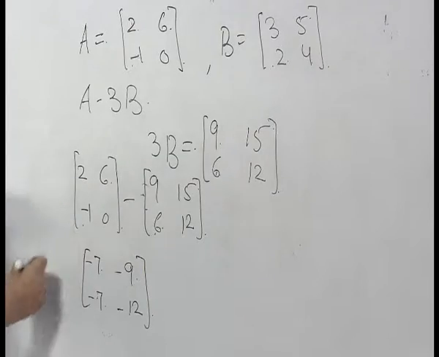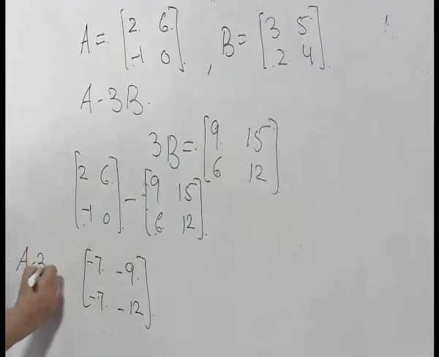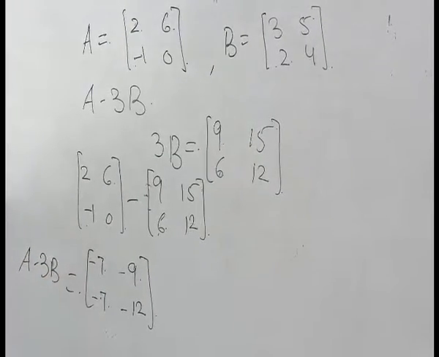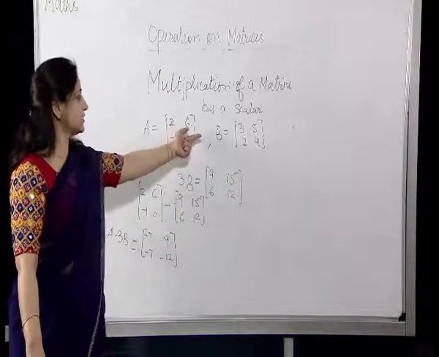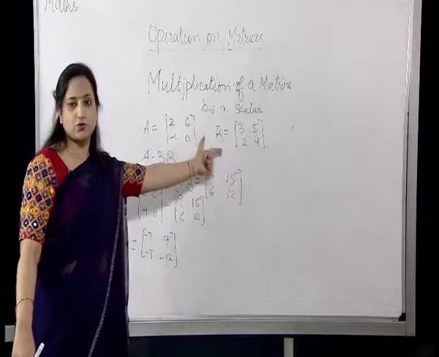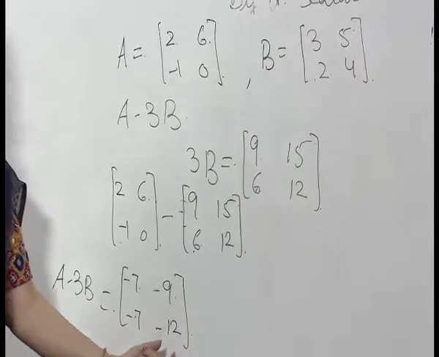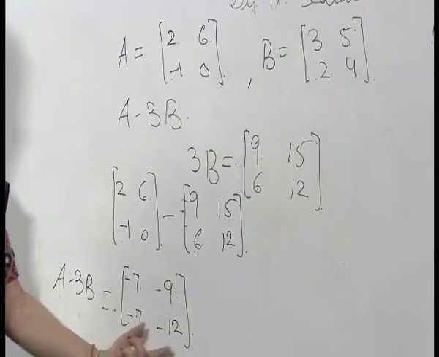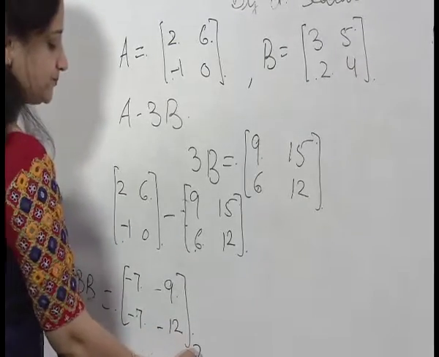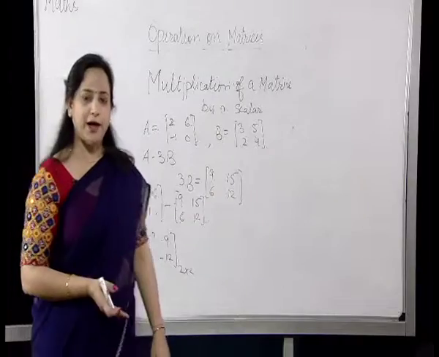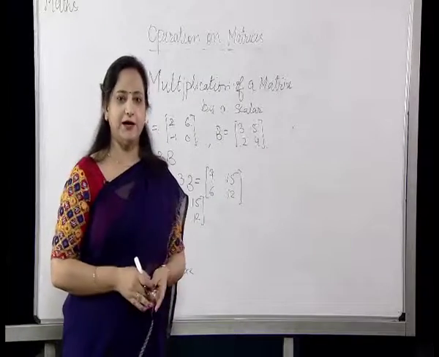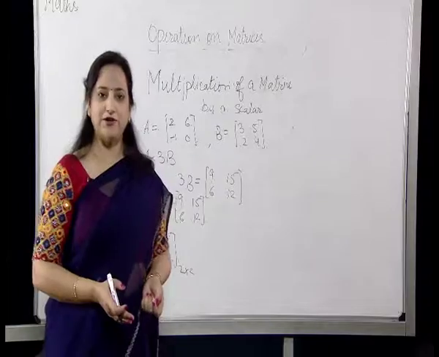So, this is the value of A minus 3B, and you can see the order is same. Order of A is 2 by 2, order of B is 2 by 2, and the order of the resulting matrix is also 2 by 2. This is how we multiply matrices by scalar, and you can add the two matrices.